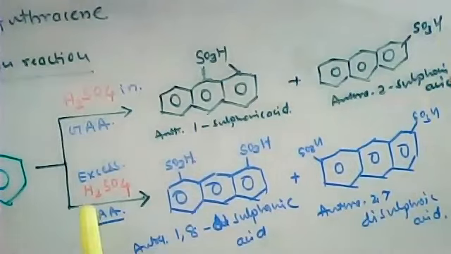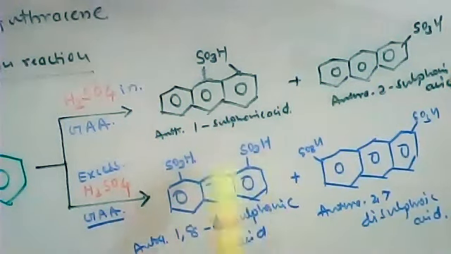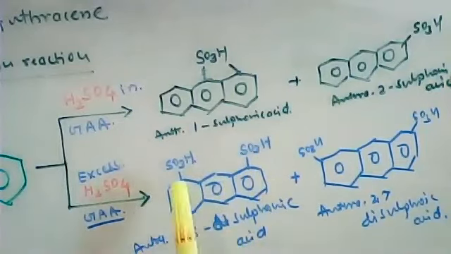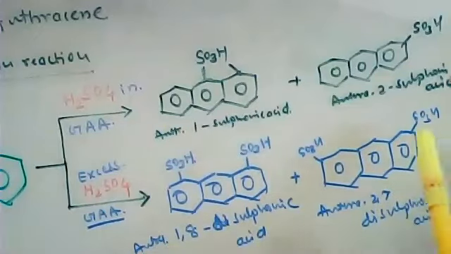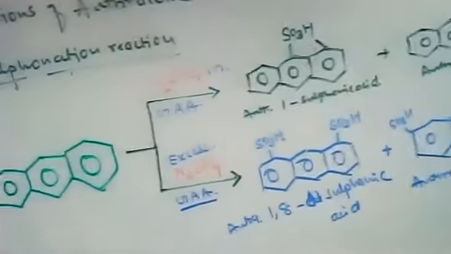While if you use excess sulfuric acid with the same solvent, glacial acetic acid, then the di-substituted product is obtained. The sulfonic acid groups are at the 1 and 8 positions, anthracene 1,8 disulfonic acid, plus another product, the 2,7 disulfonic acid. This is the sulfonation reaction of anthracene.